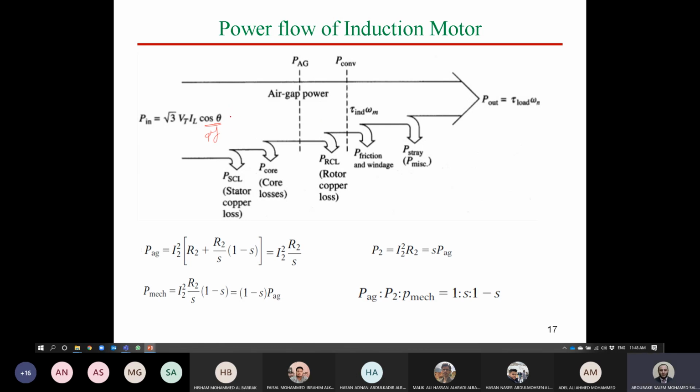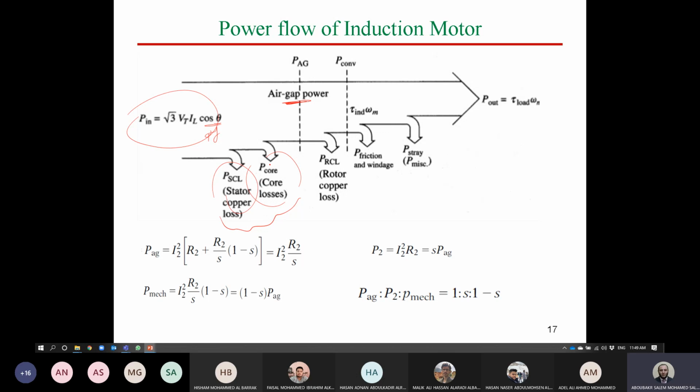This power will enter the machine, and you will have some stator copper loss and core loss, which are considered as stator losses. Then the remainder power will move from stator to rotor, which is called air gap power. We can say air gap power equals the input power minus the core and copper losses.